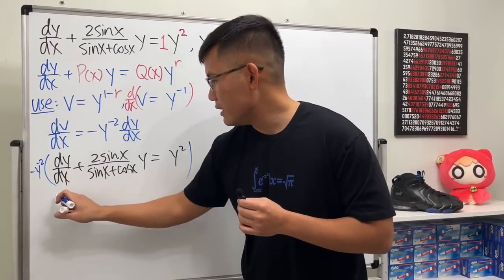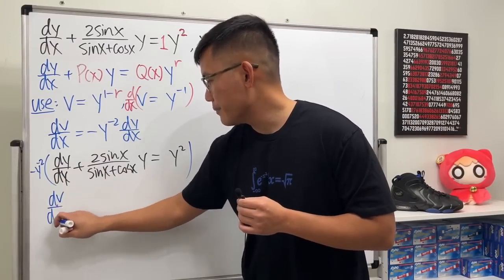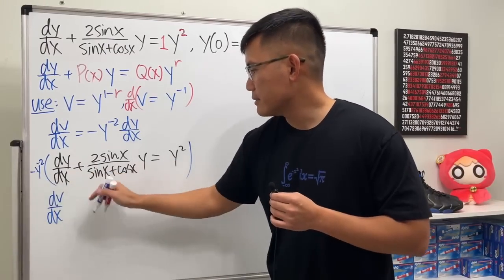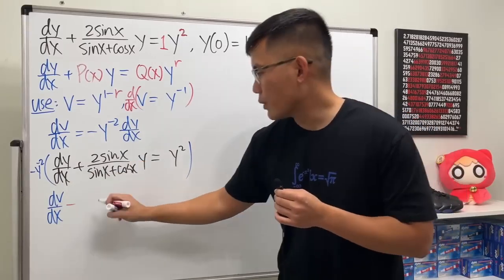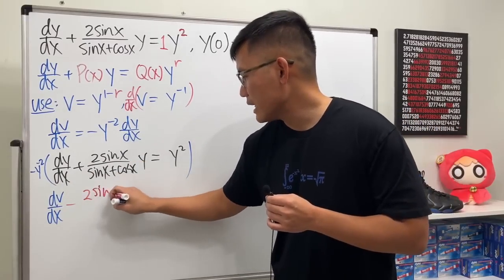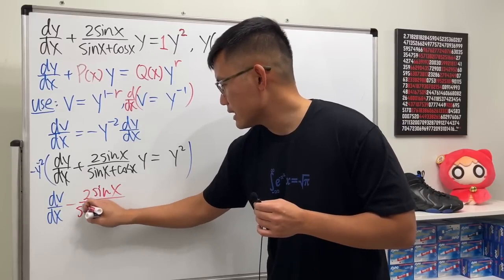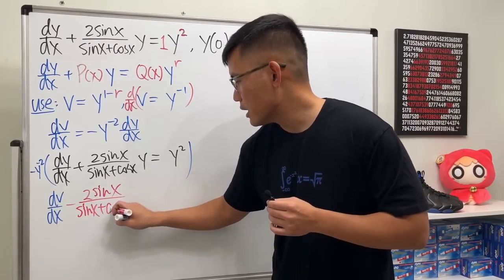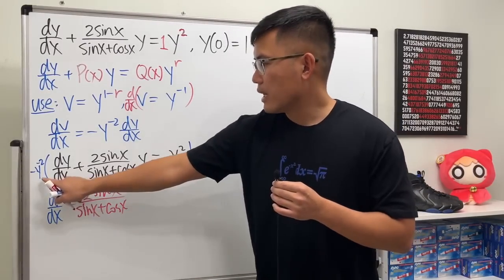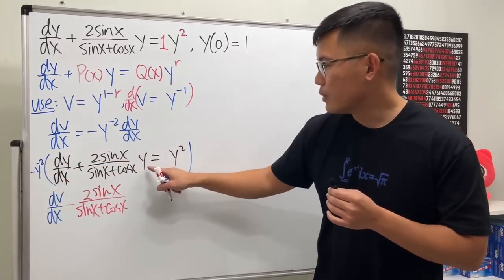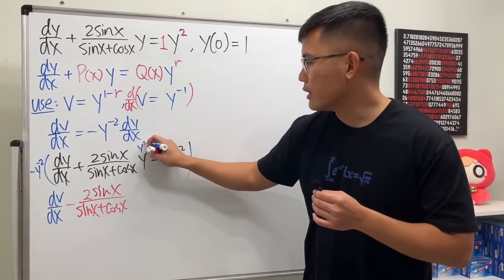So first we will have dv/dx, so let's go ahead and write that down. Then this part stays, so we have negative 2 sine x over sine x plus cosine x. Now y to the negative 2 times y to the first power, we get y to the negative 1.